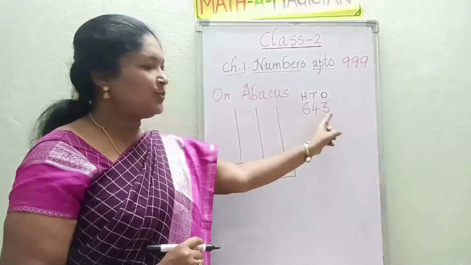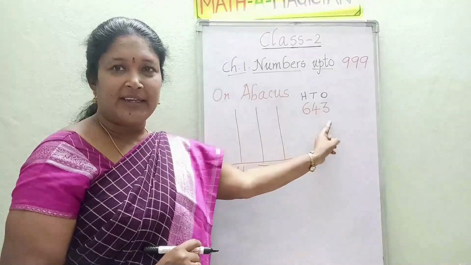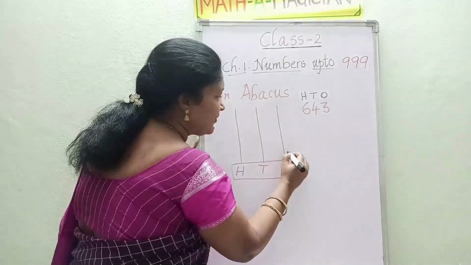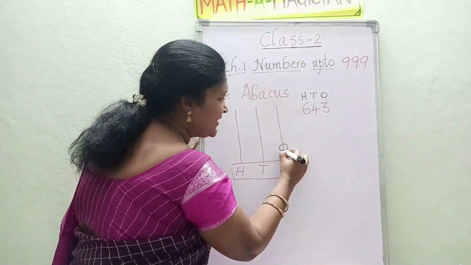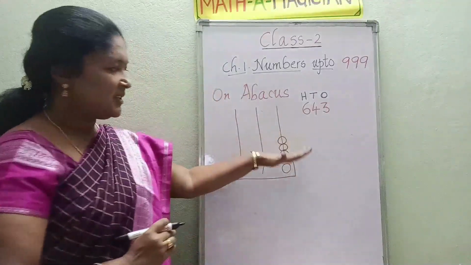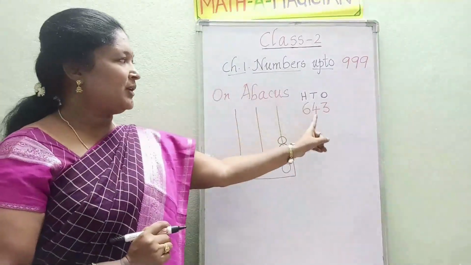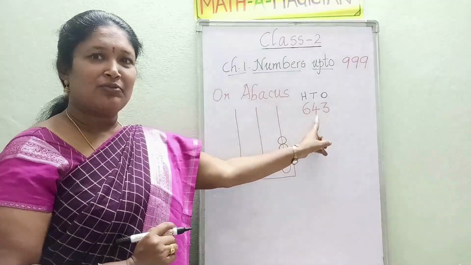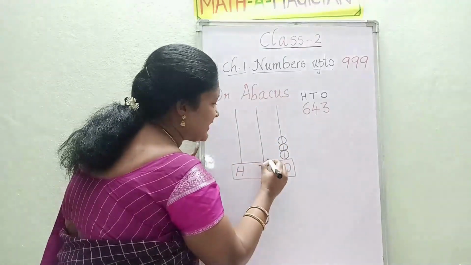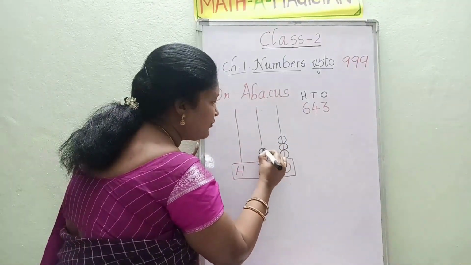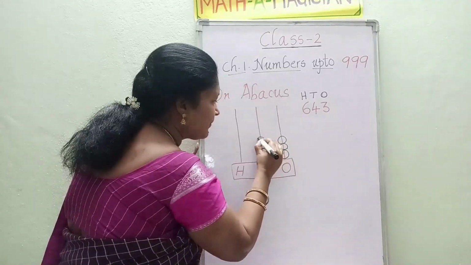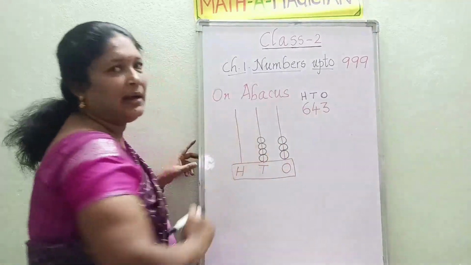So in ones place which number is there? 3 is there. So here keep the 3 beads from down to up. And what is the number in tens place? 4 is there. So in tens place draw the 4 beads from down to up.